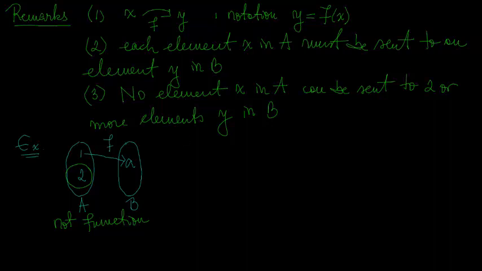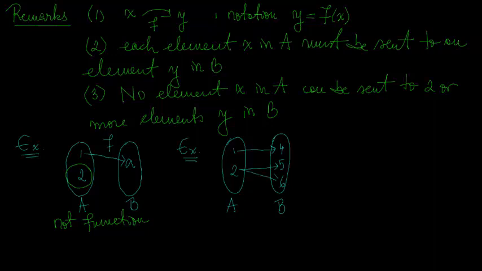Let's look at another example. Let's say that I have the set 1 and 2 for A and the set 4, 5, and 6 for B. And let's define this relation by sending 1 to 4, 2 to 5, and 2 to 6. So this is how I define my relation.